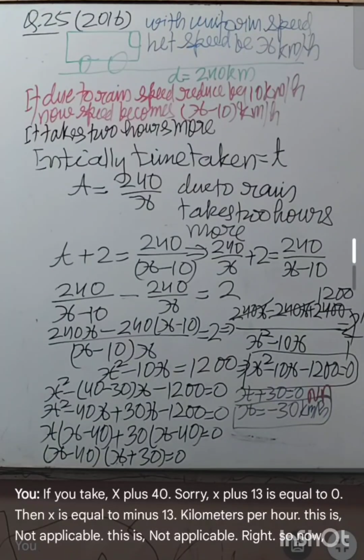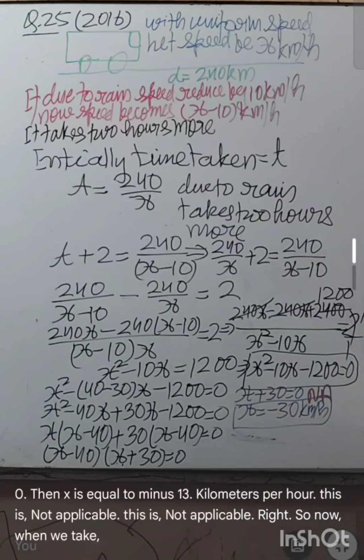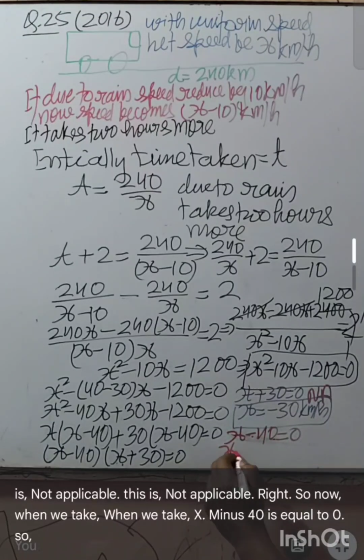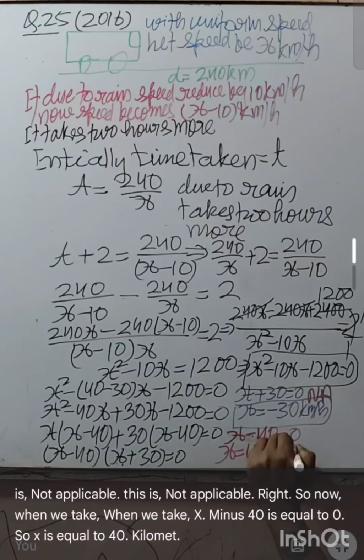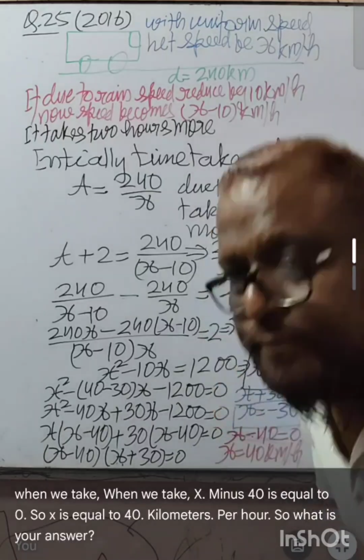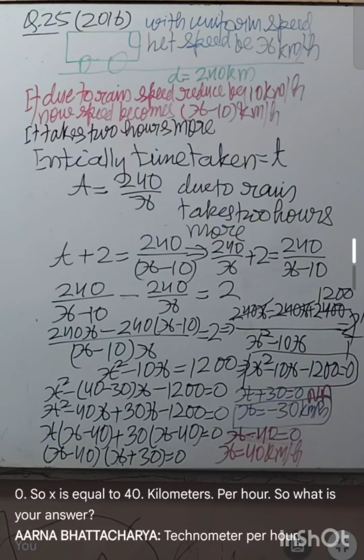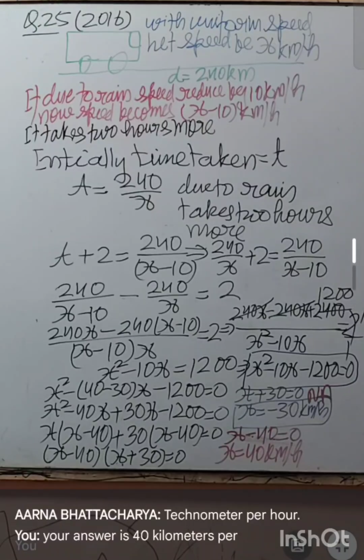So now when we take x minus 40 is equal to 0, so x is equal to 40 kilometers per hour. So what is your answer? Sir, 40 kilometer per hour. So your answer is 40 kilometers per hour.